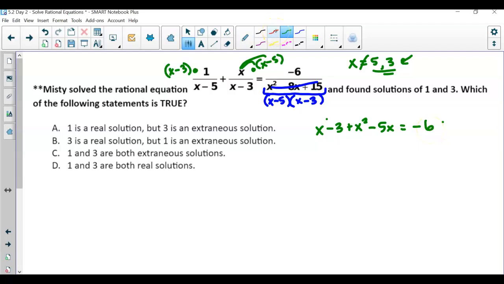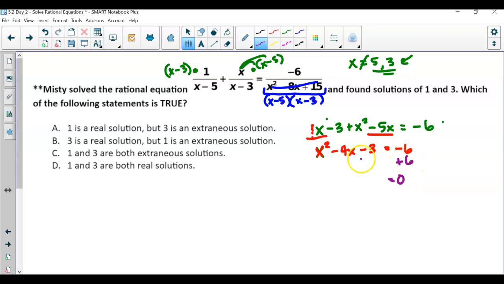Now, I notice we do have like terms, so I'm going to rewrite this in standard form. I'm going to put x squared first. So x squared, but now you have 1x, right? So 1x minus 5x, negative 4x, minus 3 is equal to negative 6. Now again, our quadratic when solving always has to equal 0.